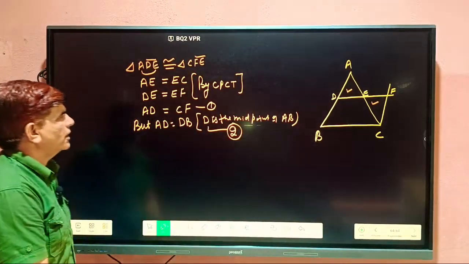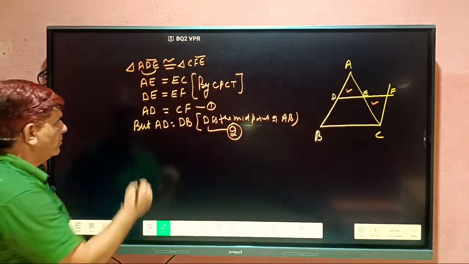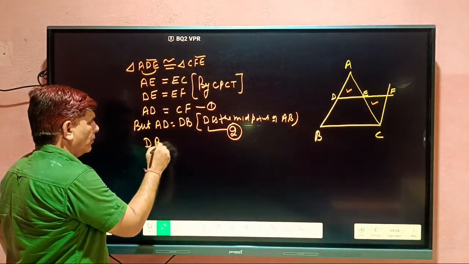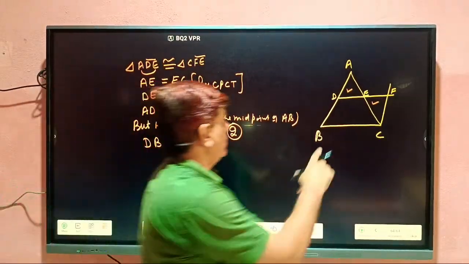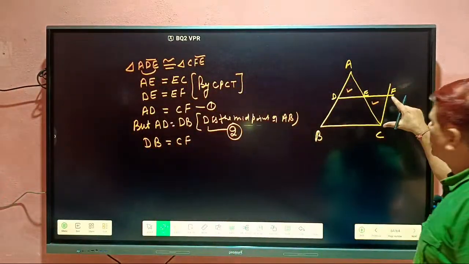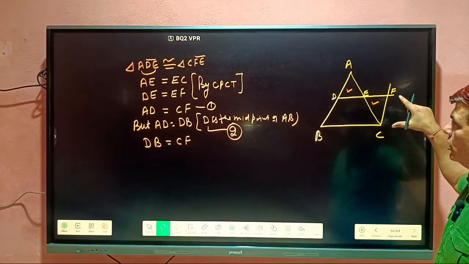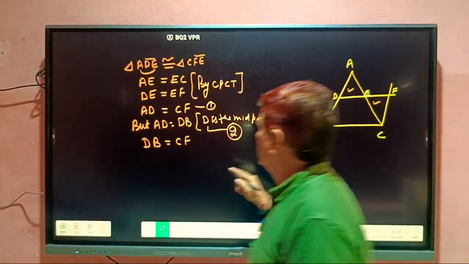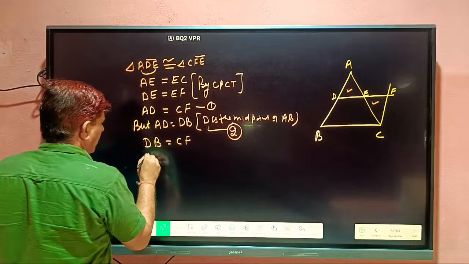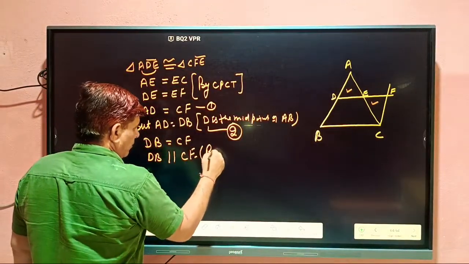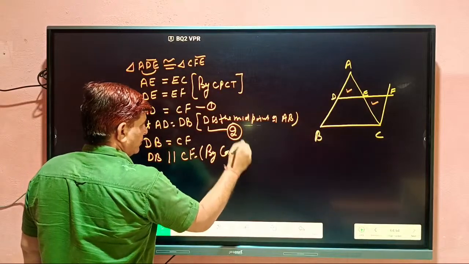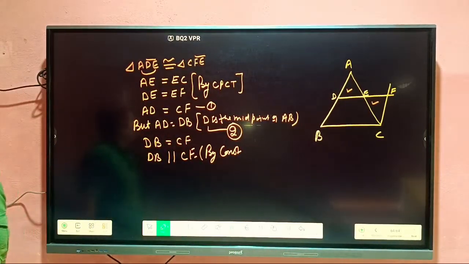Comparing first and second, AD, it means DB equal to CF. DB equal to CF. Got it? And DB is parallel to CF by construction. Understood?